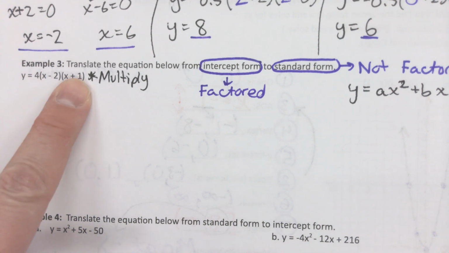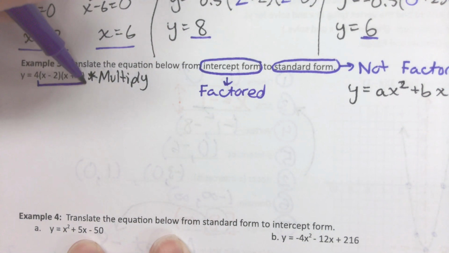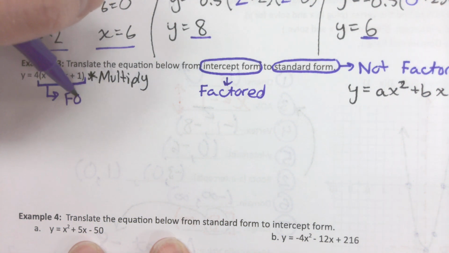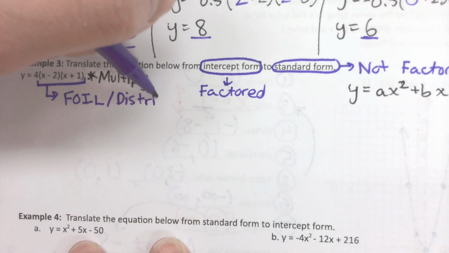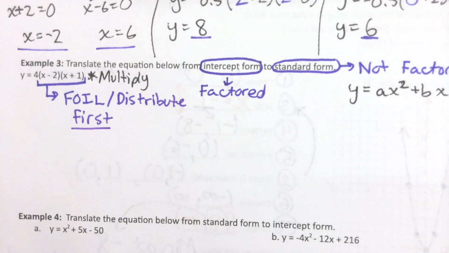When you multiply these back together, do not start by distributing that 4. I guarantee you, you will not do it correctly. Most students don't. So we're going to multiply the parentheses, the binomials, together first. We do this through a process called FOIL, or if you just prefer the word, distribute. But we're going to take care of that first and foremost.